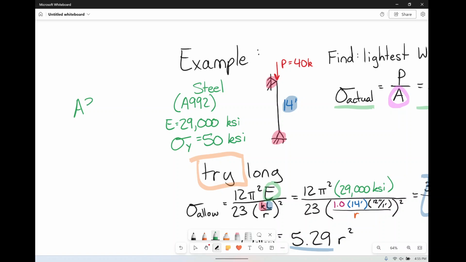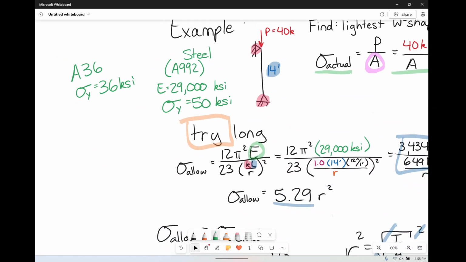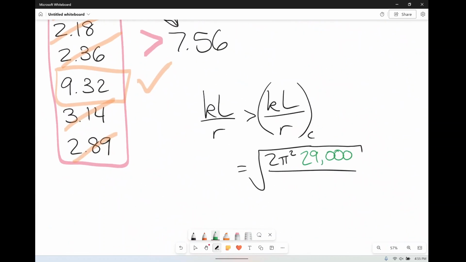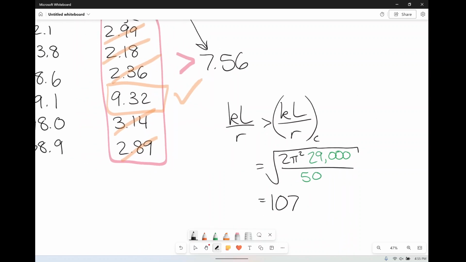If you had A36, its yield stress is 36 ksi. Both of them are steel, both of them have the same E. So, ta-da, you could also look that up from a table. But we have a yield stress of 50 ksi, so divided by 50. What do we get for this guy? 107. Is our KL over r greater than 107?